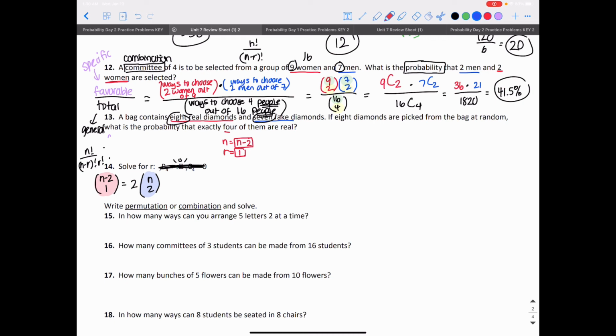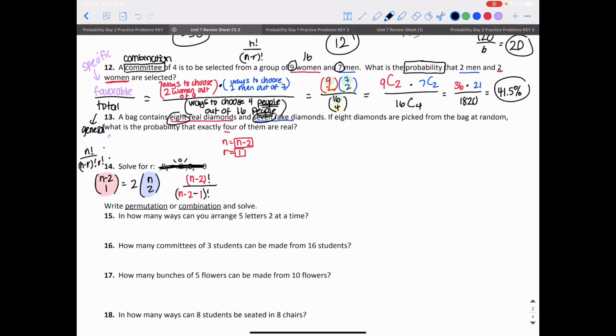So for the left-hand side, I know that I'm going to have n minus 2 factorial all over n minus 2 minus, I have r is 1, factorial times r factorial, which is just 1 factorial.